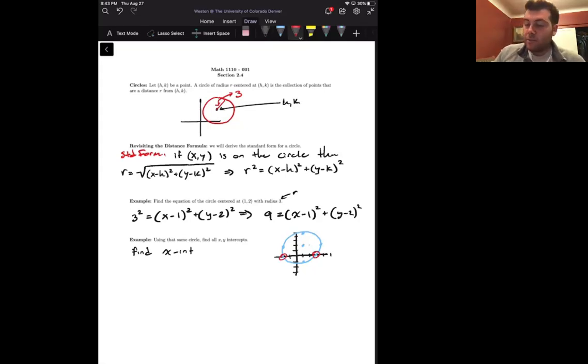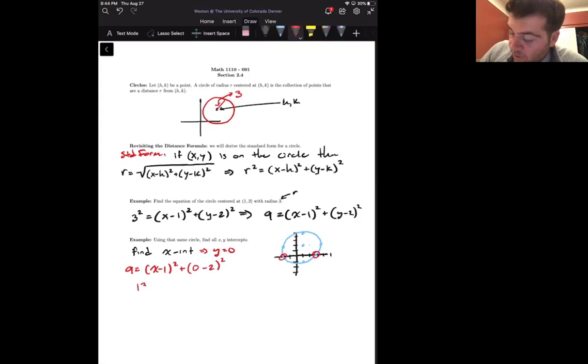Then we already know that for the x-intercepts, y equals 0. Because clearly we're already on that line where y equals 0. So then we just have to figure out what the value of these x's are. And it's pretty quick. We just go to our circle formula, and so we take 9 equals (x minus 1) squared plus (0 minus 2) squared.